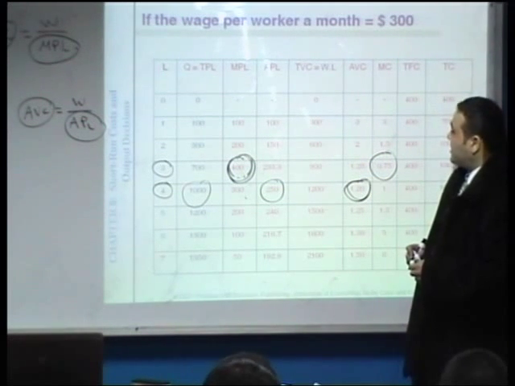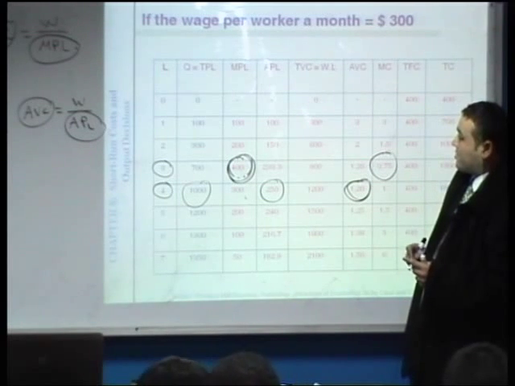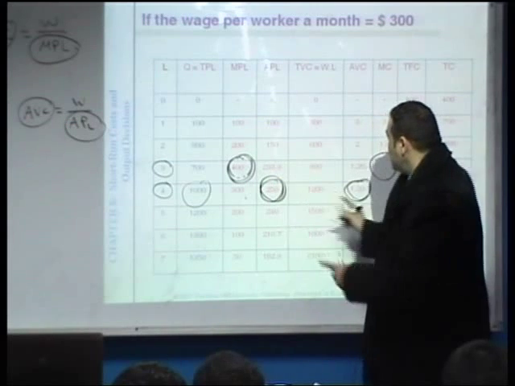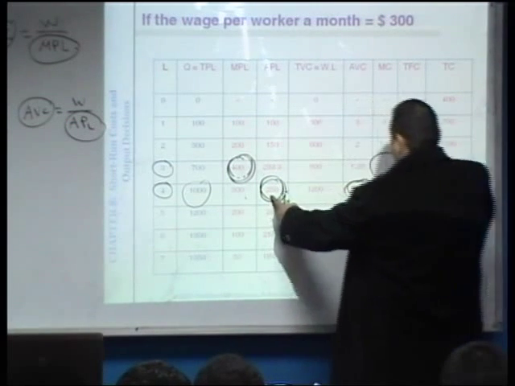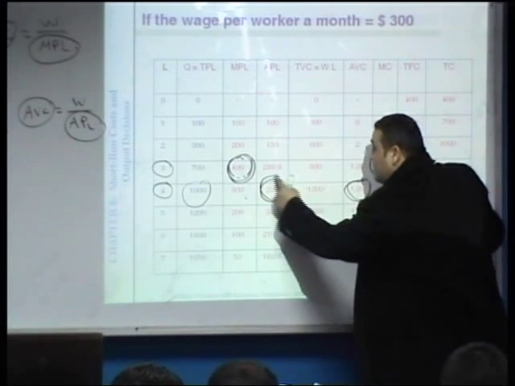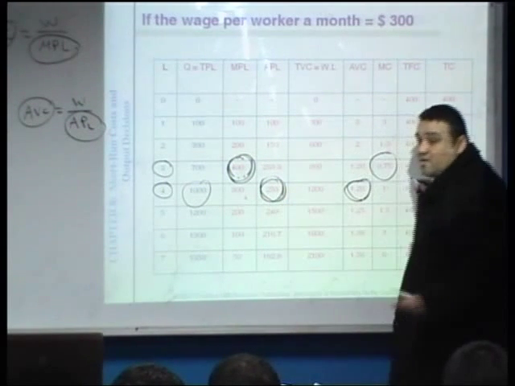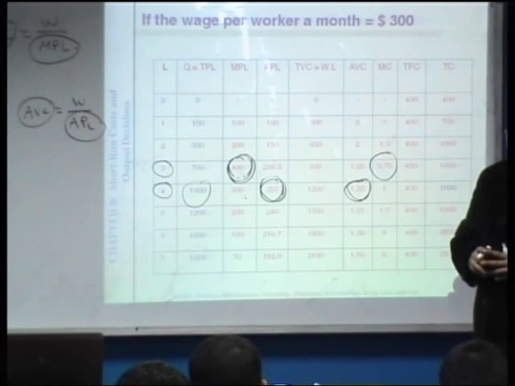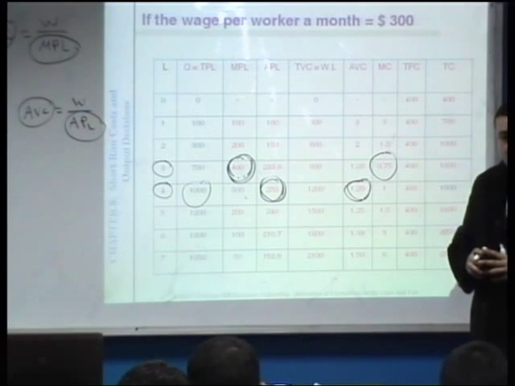And where is the largest value of APL? Here. So as you see, the smallest value of AVC is the highest value of APL, right? Is there something ambiguous for you? Okay.